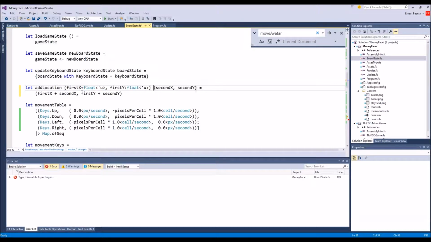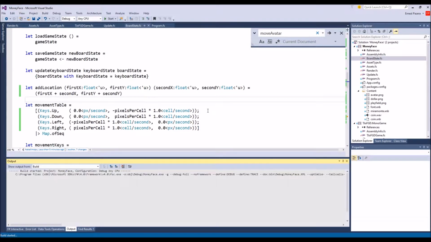The compiler is confused. It doesn't really matter what kind of whatever it is, add location can do it. So now, it got confused. It's thinking. Okay, so now, okay. Oh, thanks, F# compiler.